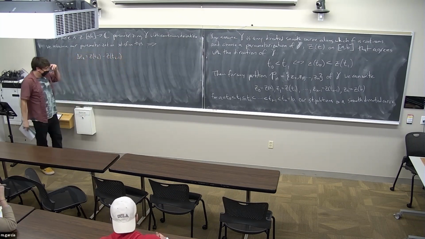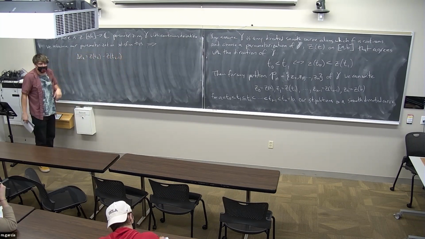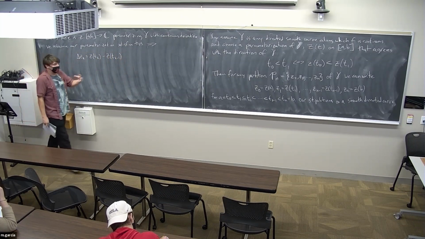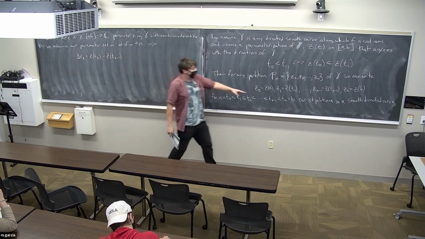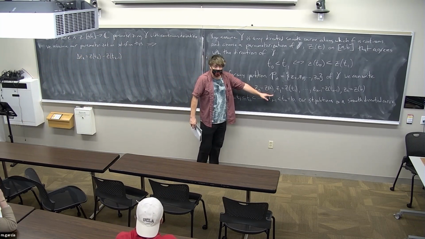Remember, I defined this delta z sub k in terms of some partition, and I'm constructing my partition based on my parameterization, right?